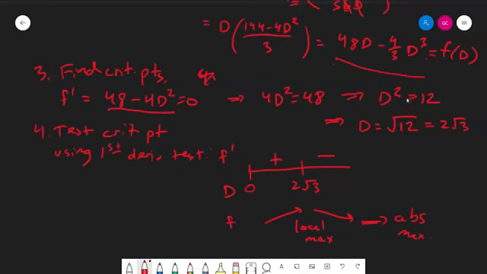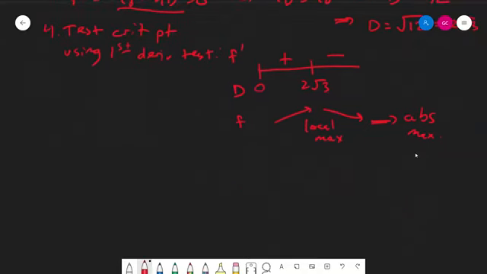Okay, we're almost done, so we just have to remember what the question was actually asking. The question was, what dimensions maximize the volume? And so our answer is going to be to actually write out those dimensions.